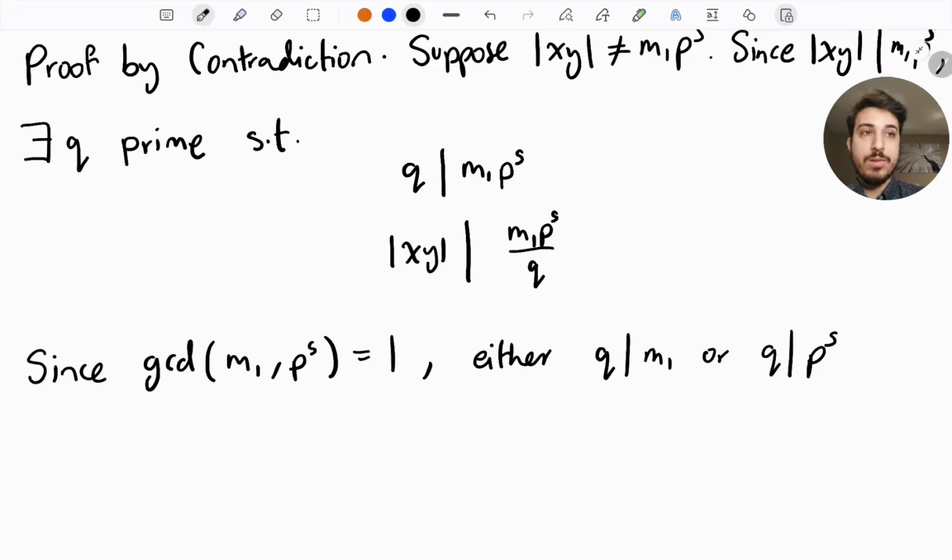And that is because q divides the product. But because m1 and p to the s are coprime, then q is either found in the factorization of m1 or it is found in the factorization of p to the s. And it cannot be found in the factorization of both at the same time, because then that would contradict the fact that the GCD of m1 and p to the s is 1.